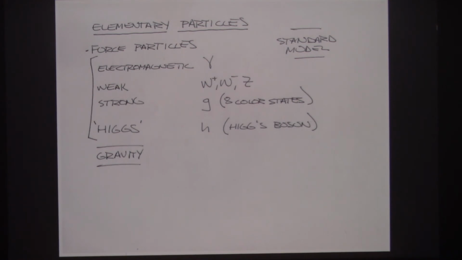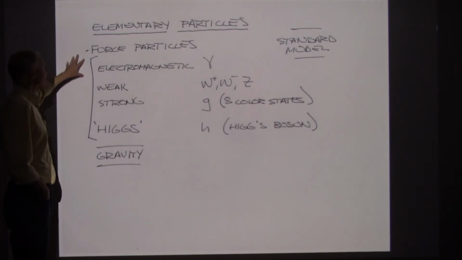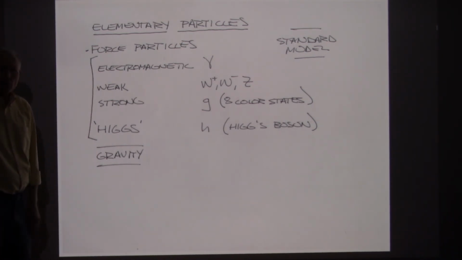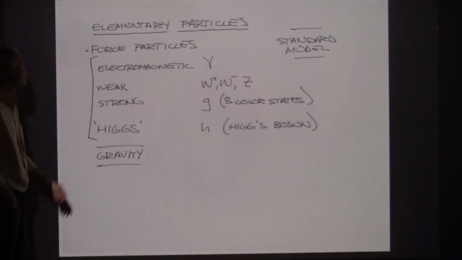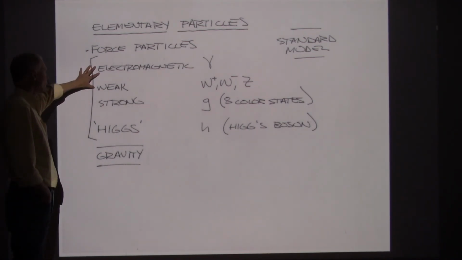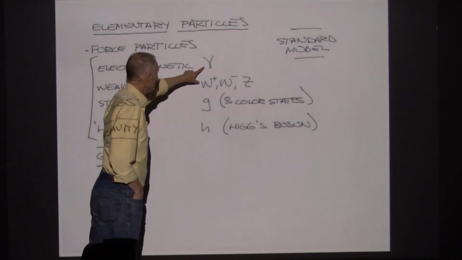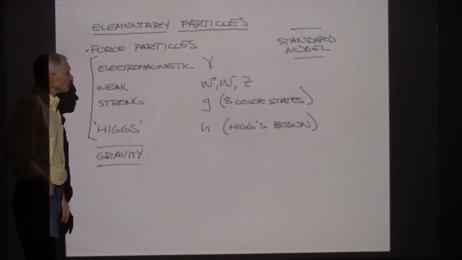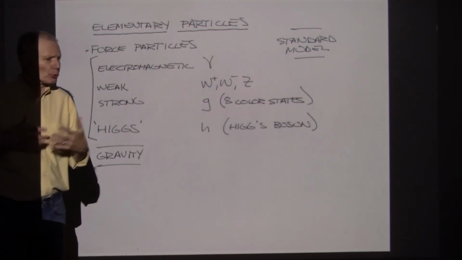Okay, so let's take a look at the forces in nature. The forces in nature, as we were saying, are made out of particles. That's a really weird statement, but the electric and the magnetic forces are made out of photons. This was really just understood due to the mathematics.